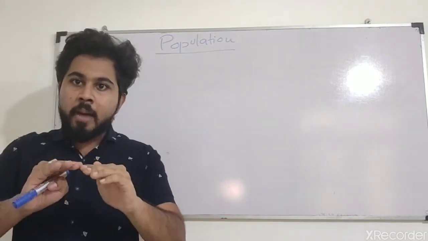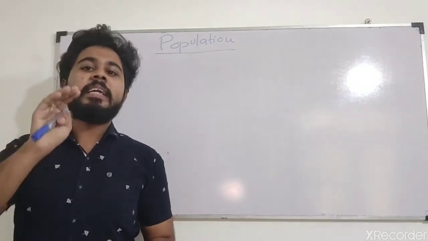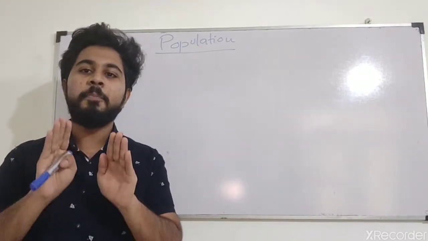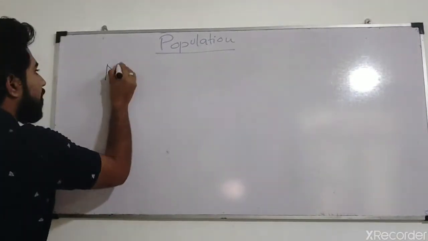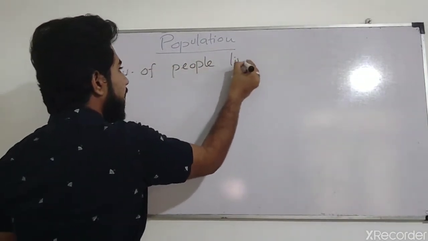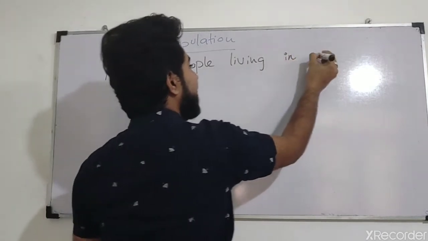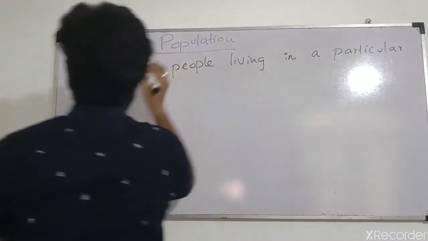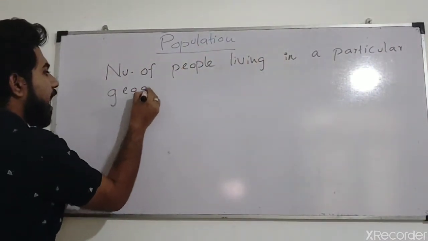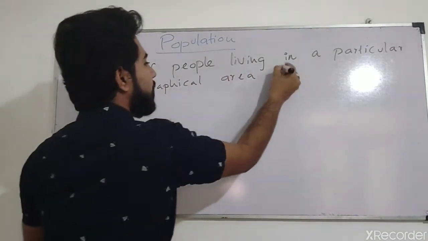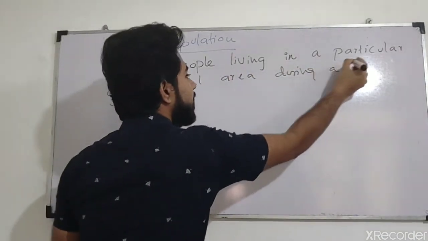I'll repeat the definition. Population is the number of people living in a certain geographical area during a certain period of time. I'll write the definition on the board: number of people living in a particular geographical area during a certain period of time.